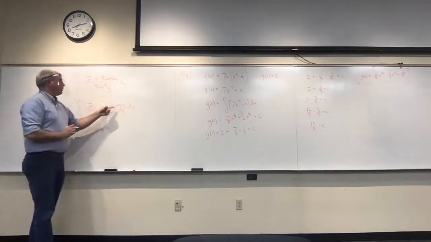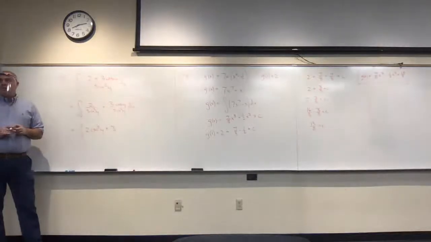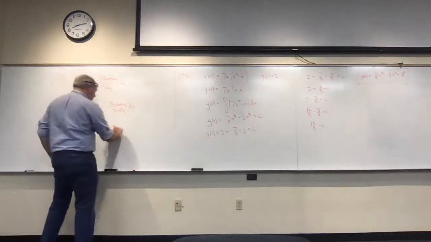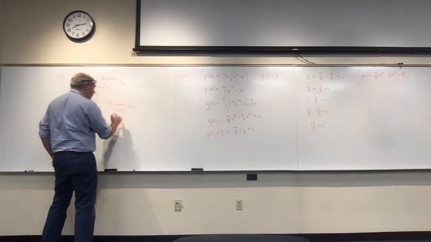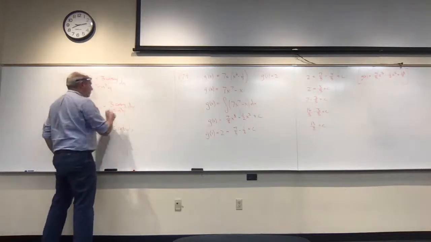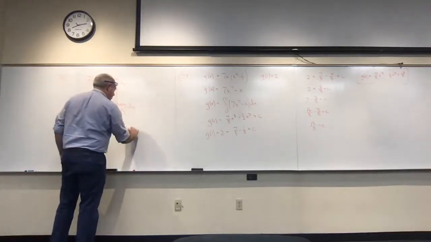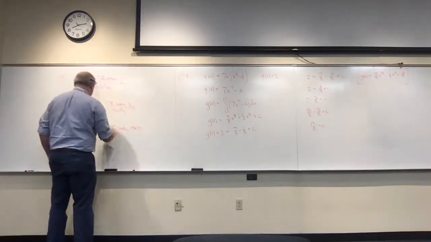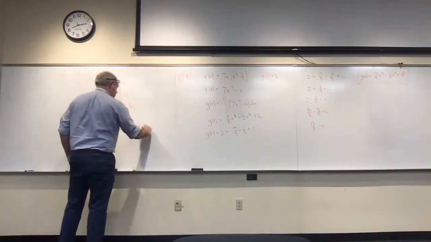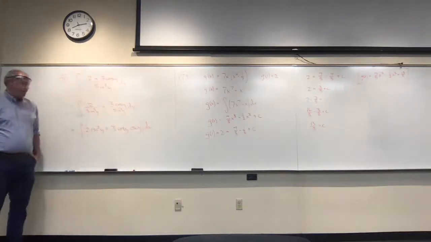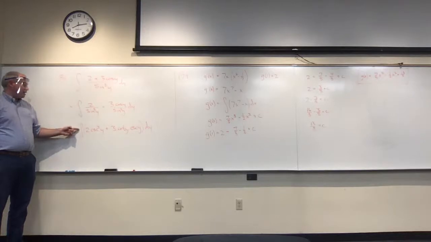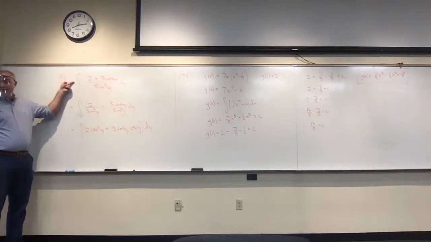And then this one, I've got a cosine over a sine, so plus 3. What's cosine of y over sine of y? Cotangent of y. So that's cotangent y, but I've got another sine y on the bottom. But 1 over sine y, we just said was cosecant. So this would be another way to write this.